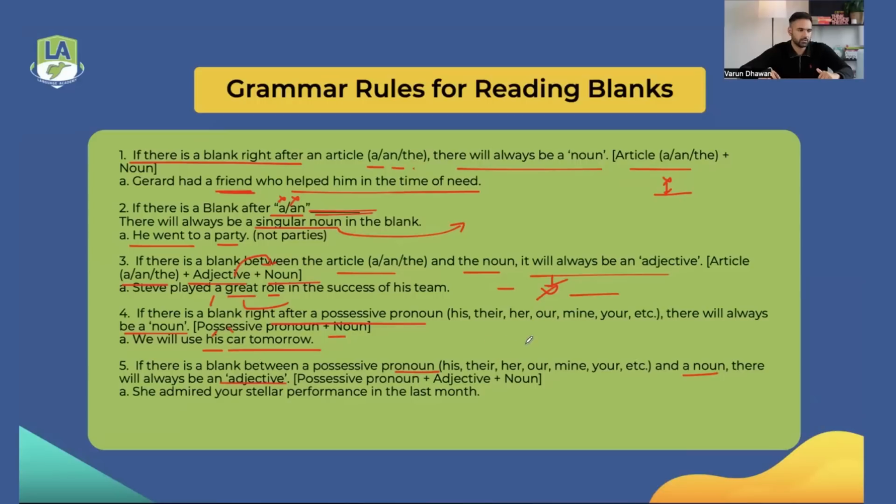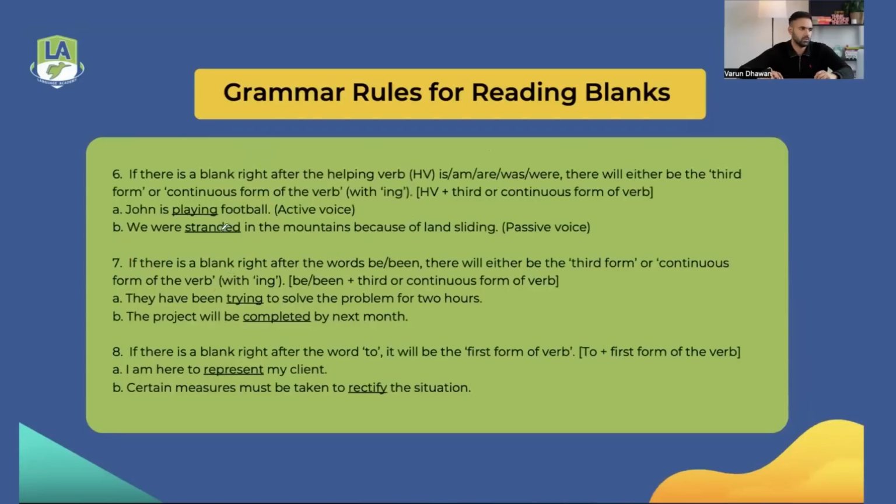This is her dash car. This is her beautiful car. It will always be an adjective which gives you more information about the noun. So basically, before a noun, you will have either articles or adjectives, words which modify the noun or give more information about it.